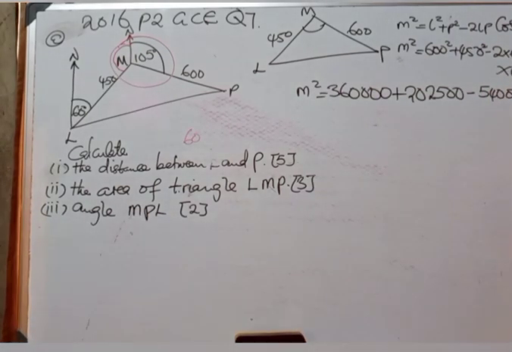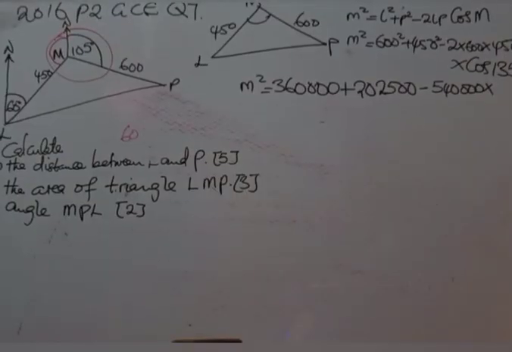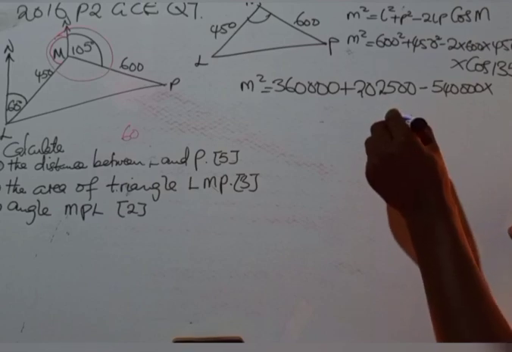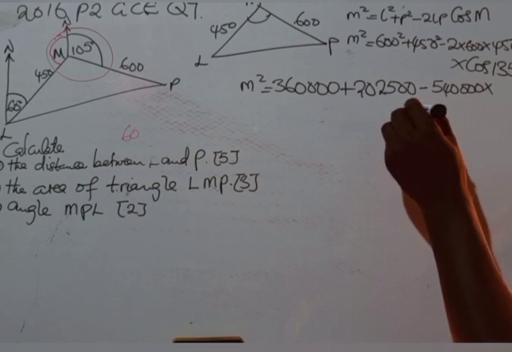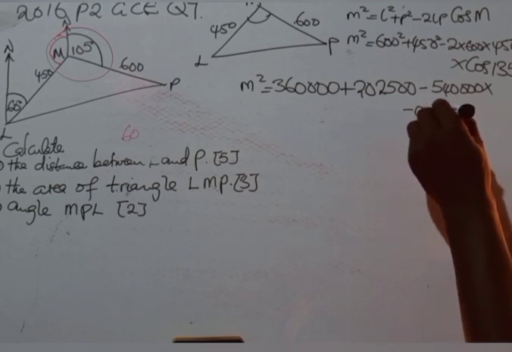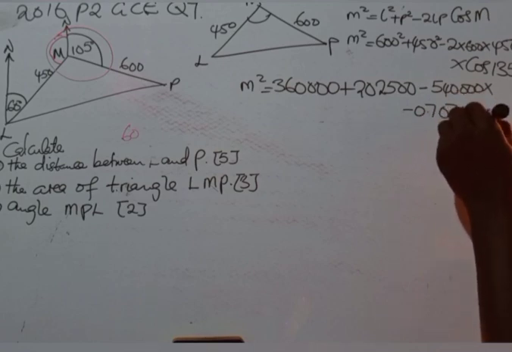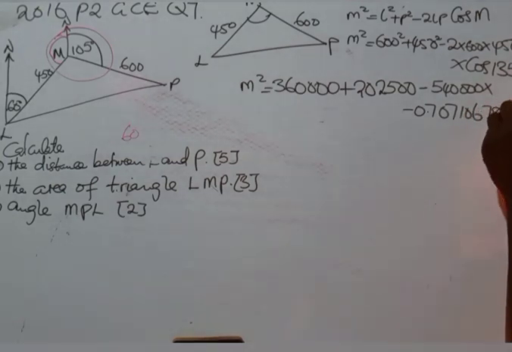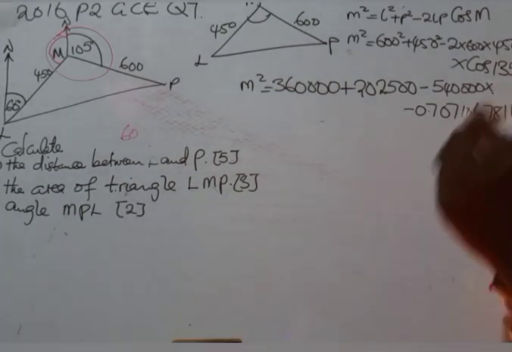Then multiplied by cos 135, which will give us negative 0.707. Then we have the product, which is what we have.